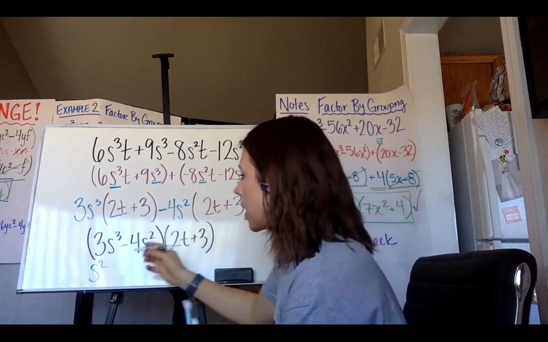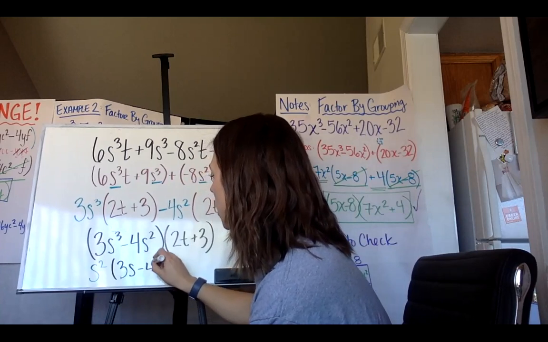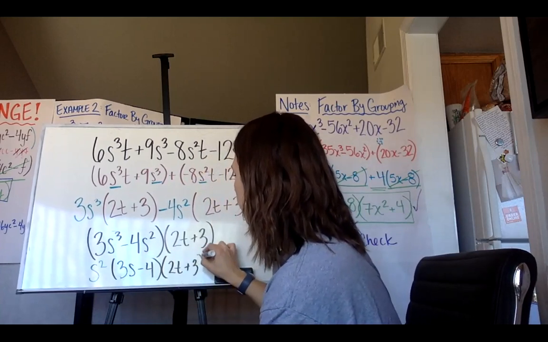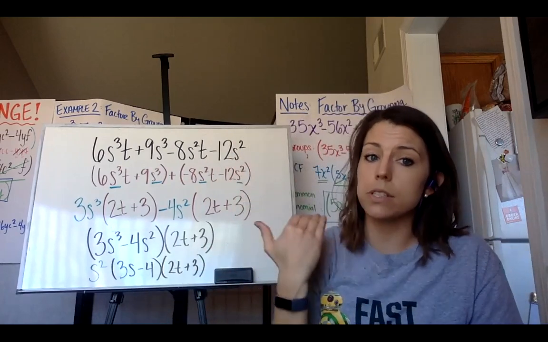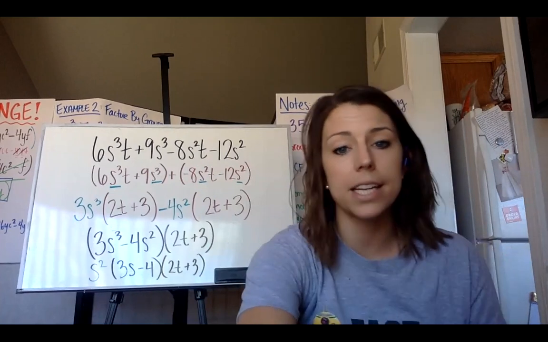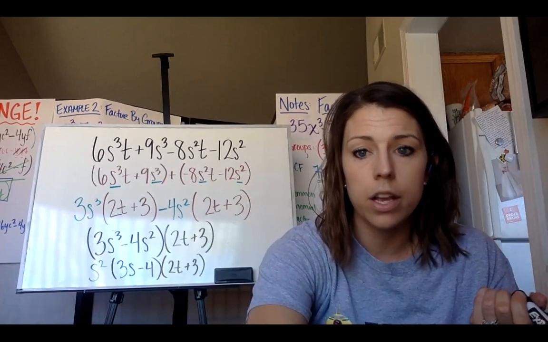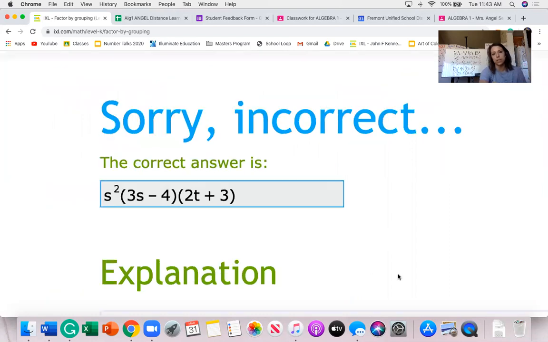That would leave me with 3s minus 4 and my 2t plus 3. That's called fully factoring, which is not what we're doing right now, but that is what IXL will ask you to do if you decide to go that far. So let me show you again. There's our answer: s squared has been factored out of 3s and 4, and then there's your 2t plus 3.